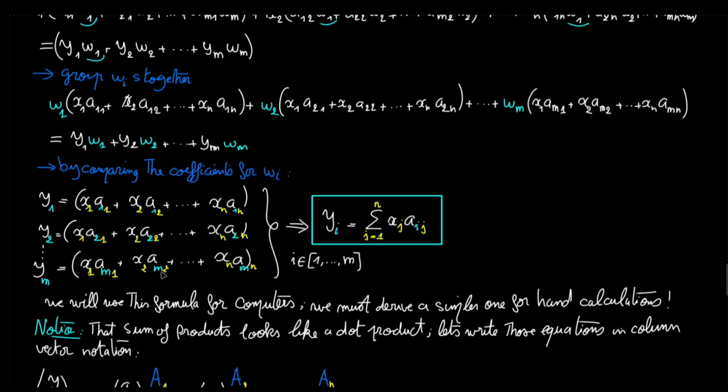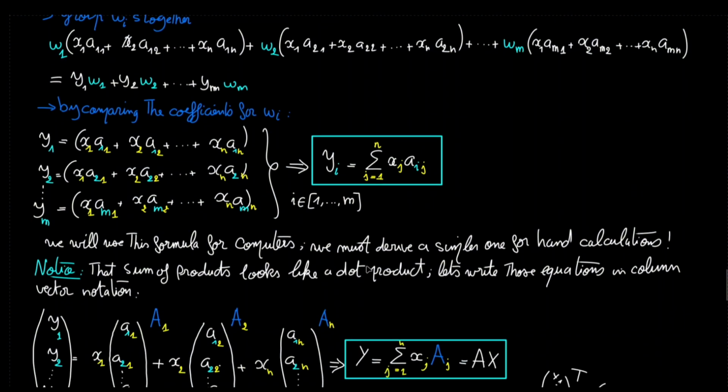So from that we can deduce that yi for any component i is equal to the sum, you say dot product, of xj aij. Quite interesting. j iterates from 1 to n, the number of columns, and i ranges from 1 all the way to m, the number of rows.